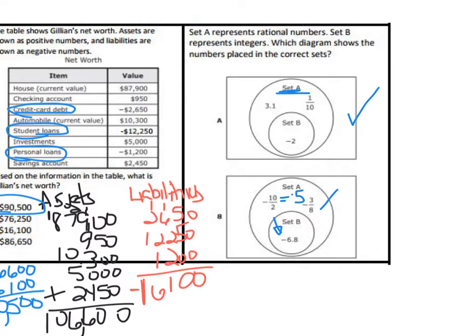Yes. -3/8 is a rational number. Remember, rational numbers are fractions, decimals, and percents. And then set B, you have a -6 and 8/10. Is that an integer? No, that should be out here, not in set B. So that means the correct diagram is letter A.